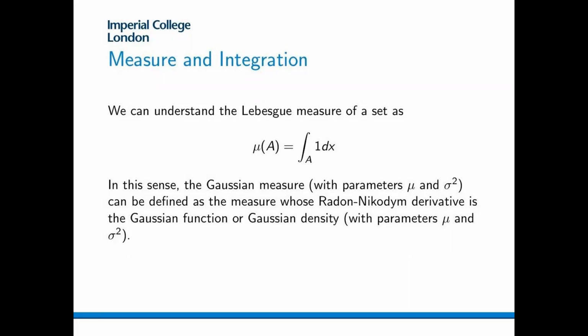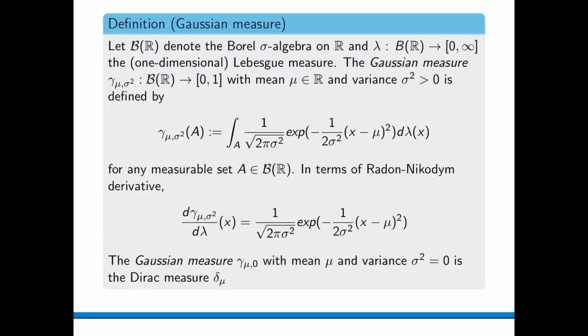The Gaussian function is just 1 over the square root of 2 pi times an exponential, the complex thing. On this page is how the Gaussian measure is formally defined. The upper one is the formal definition, and here follows an interpretation: you can understand the Gaussian measure as a measure whose Radon-Nikodym derivative is the Gaussian function, of course with two parameters, mu and sigma squared.